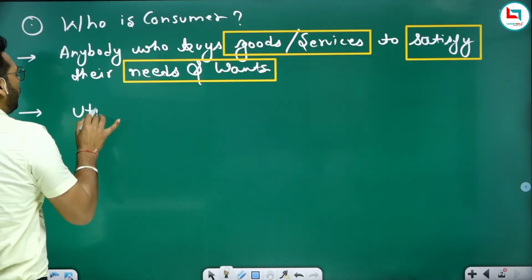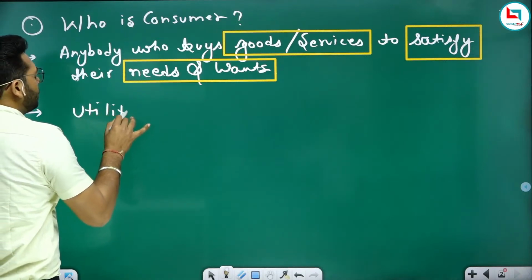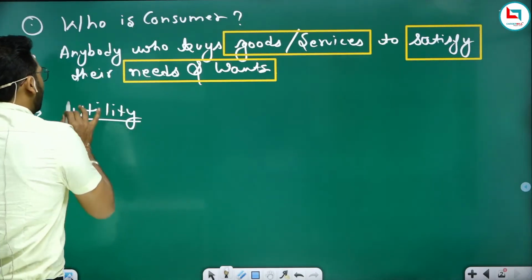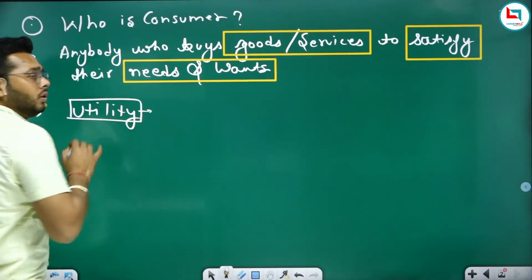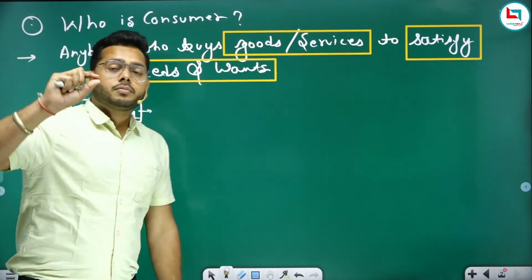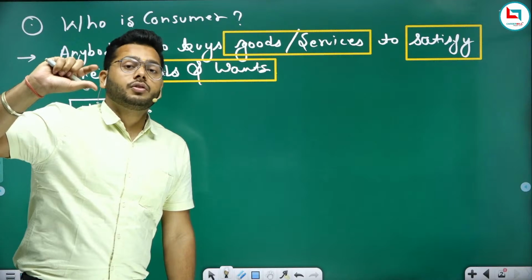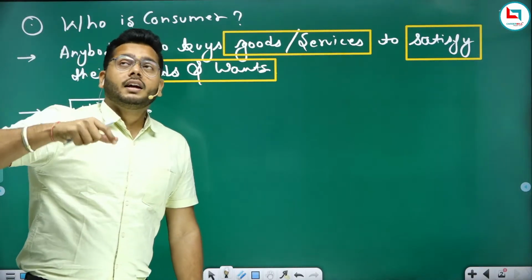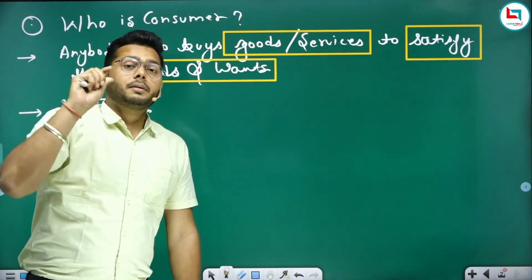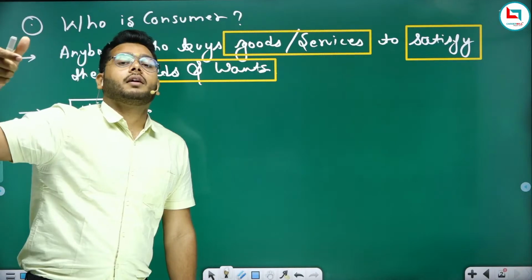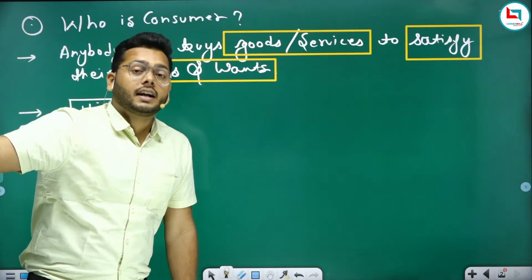What does utility mean? Like the electricity you are getting from a source, the power you are getting, this light you are getting is because of some power, and that power is electricity, current.